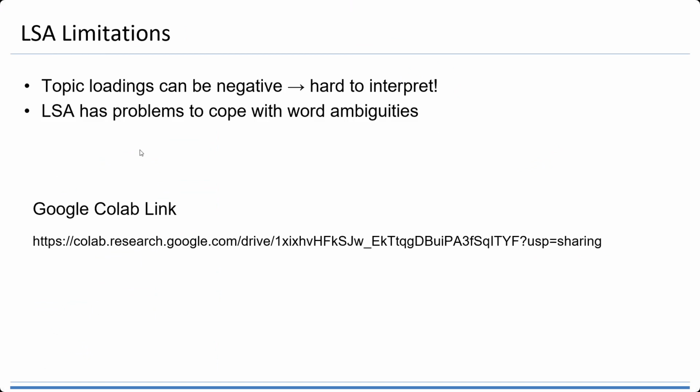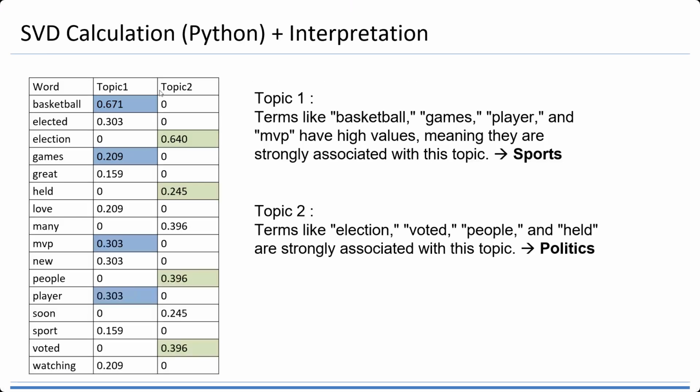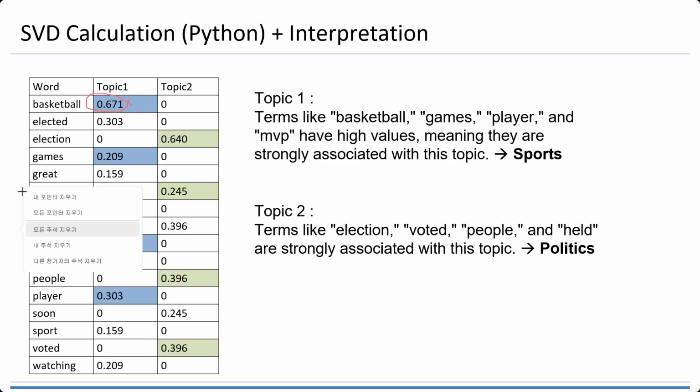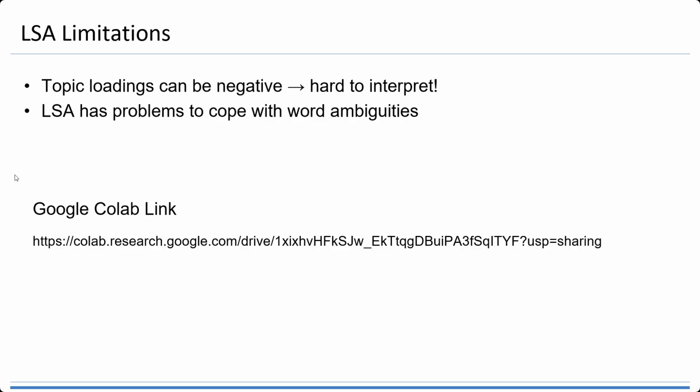So this LSA has some limitations. When we look at the topics, some of the values can be negative. This is still easy to interpret when all of the numbers are positive, but when the numbers become negative, it is difficult to understand what they mean. And LSA has problems coping with word ambiguities.